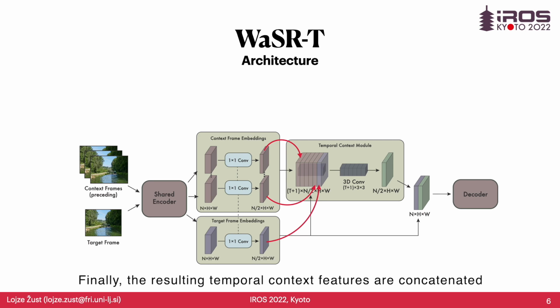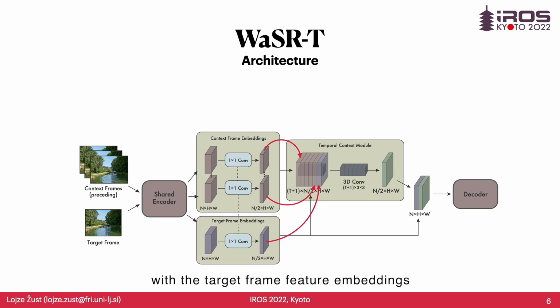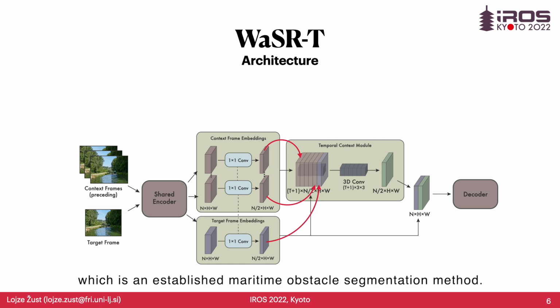Finally, the resulting temporal context features are concatenated with the target frame feature embeddings and passed to the decoder, which produces the final predictions. The encoder and decoder modules are modeled after WaSR, which is an established maritime obstacle segmentation method.